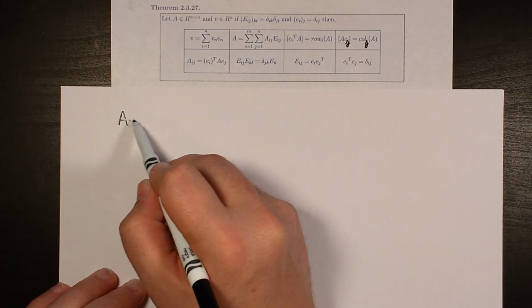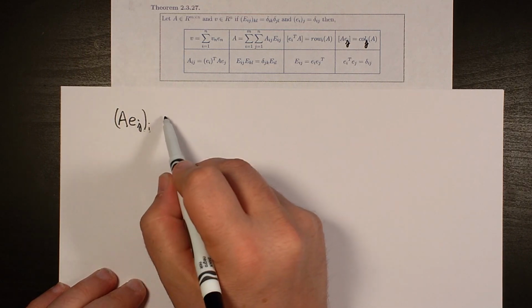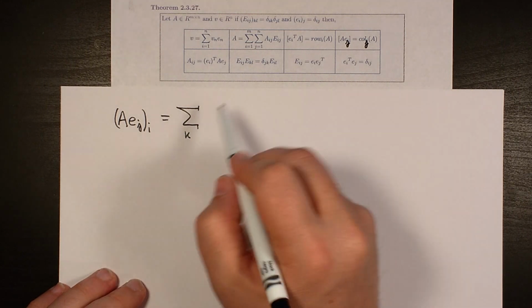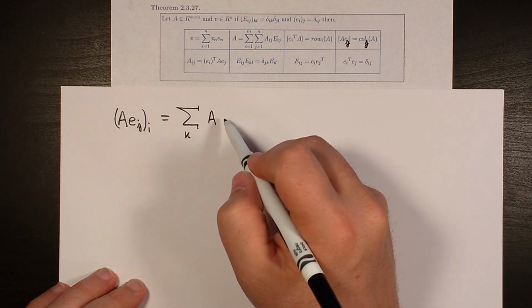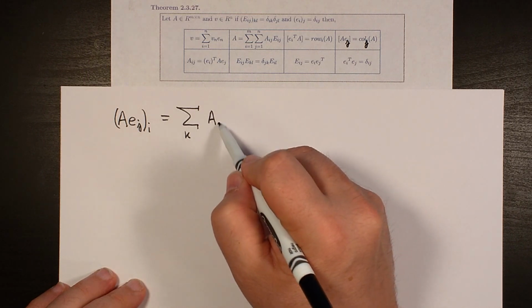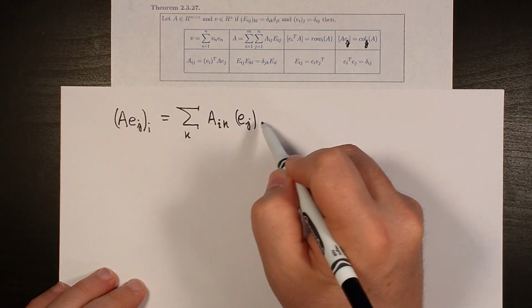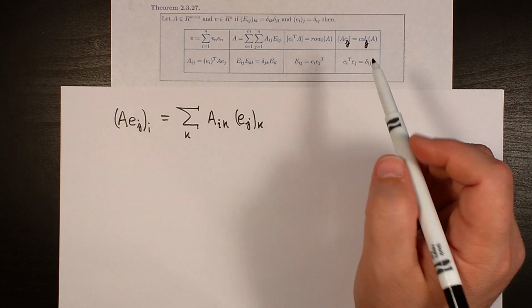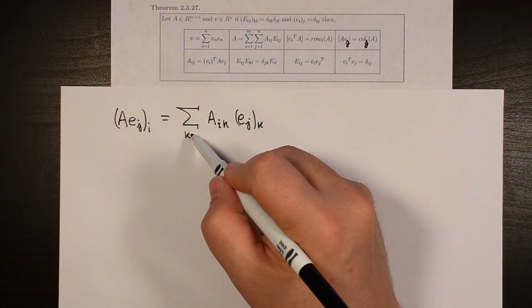A times E_j. Let's look at the ith component of that. What would that be? Well, that would be a sum over k of A_ik times the kth component of E_j. A is m by n, so we're looking at k equals 1 to n.